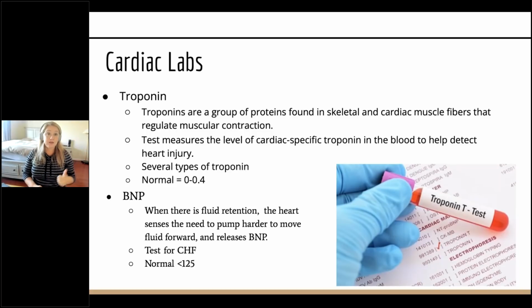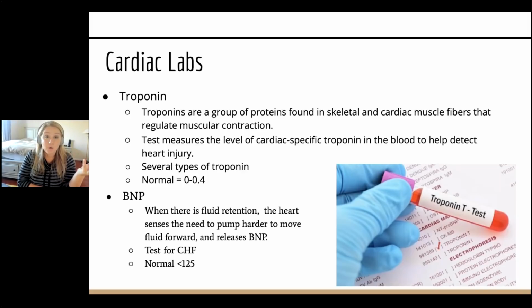So as BNP goes up, we know our patient is fluid overloaded. We specifically use this test a lot in congestive heart failure. When your heart is starting to fail and not moving fluid forward appropriately, the patient becomes fluid overloaded, and we have the release of that BNP.